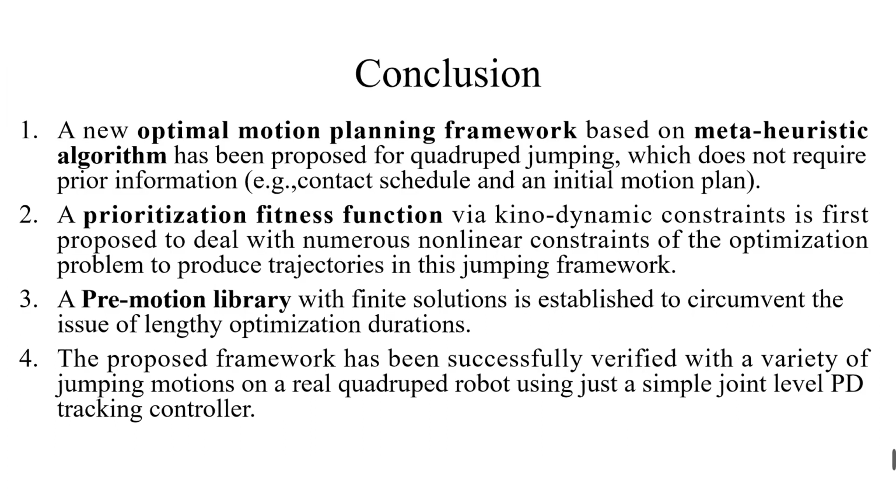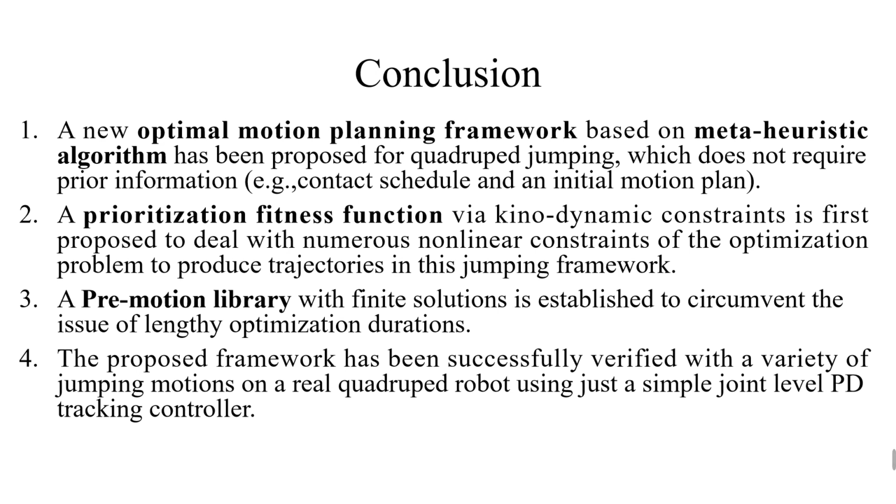Our primary contributions are summarized as follows. First, a new optimal motion planning framework based on a meta-heuristic algorithm has been proposed for quadruped jumping, which does not require prior information. Then, a prioritization fitness function via kino-dynamic constraints is first proposed to deal with numerous nonlinear constraints of the optimization problem to produce trajectories in this jumping framework.